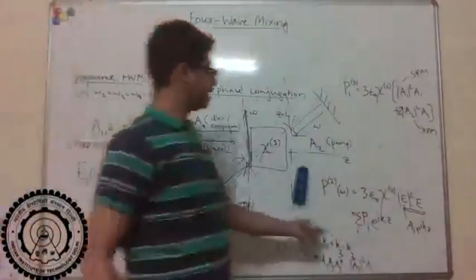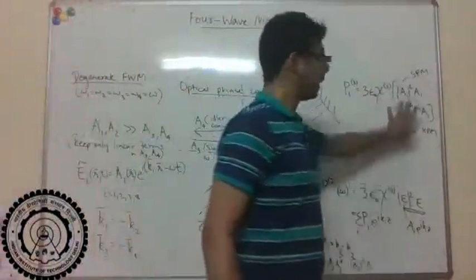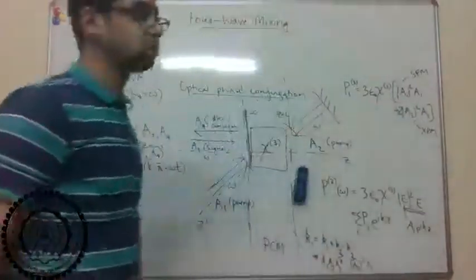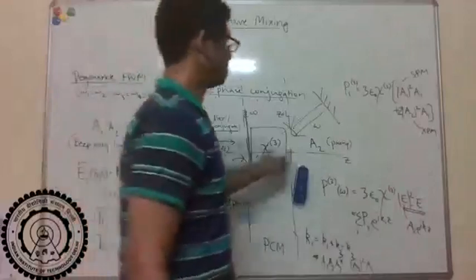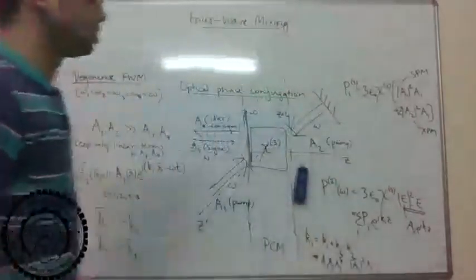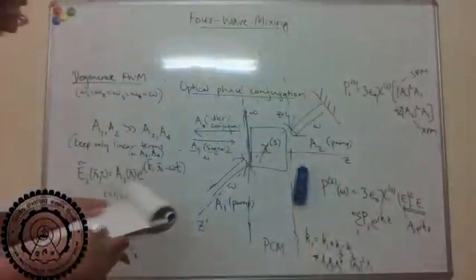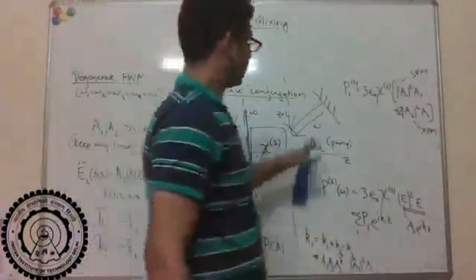If I get A3 square or A4 square, I neglect those terms, because A1 and A2 are much stronger, so mod A1 square and mod A2 square will be much larger. Is that clear?